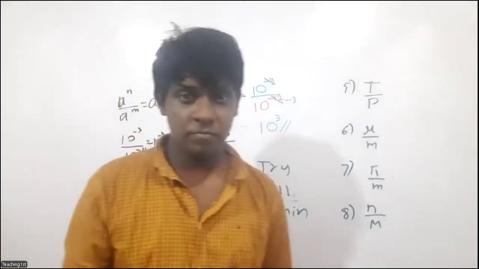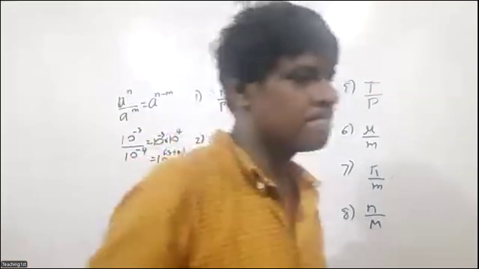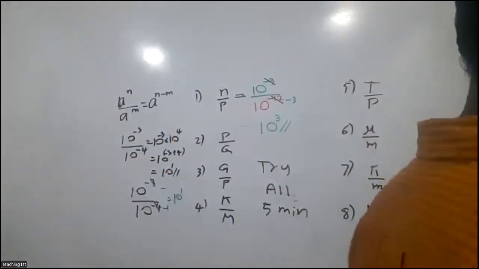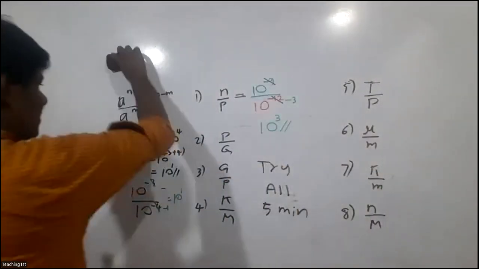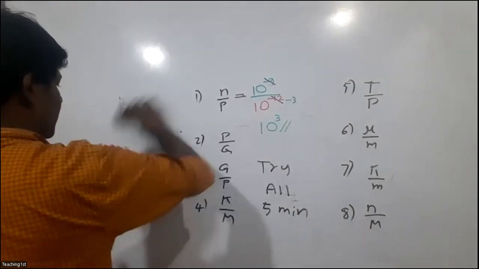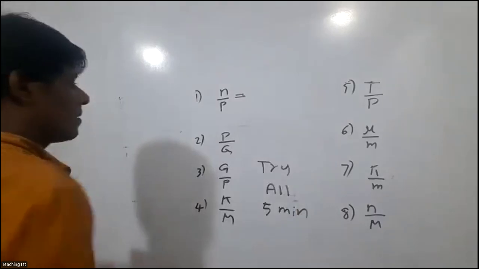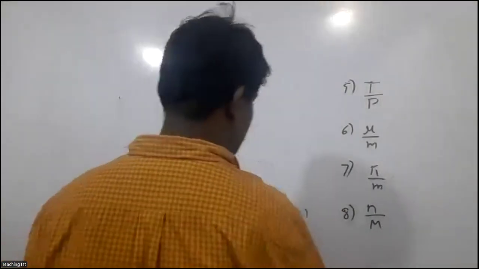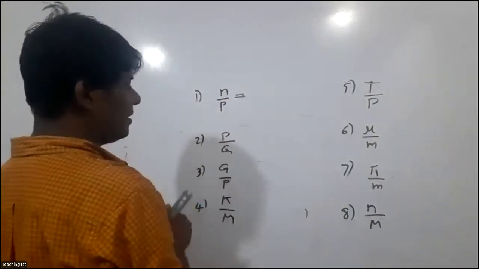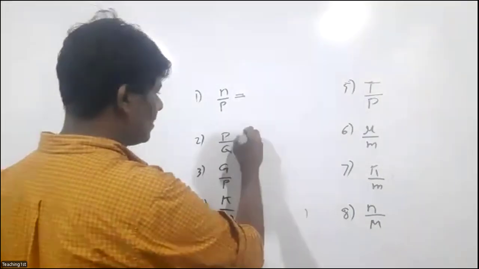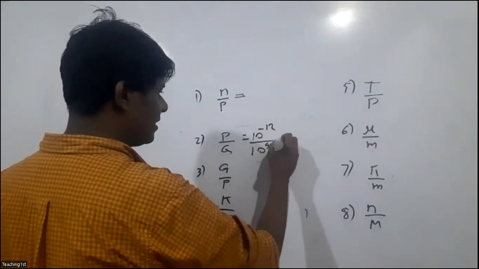Okay, Ramai. I think I gave you more than enough time. Let me work it out. This one, have a good look at. 10 to the power minus 12 divided by 10 to the power 9.